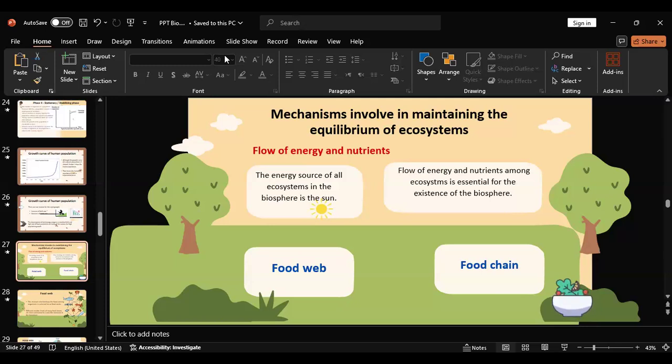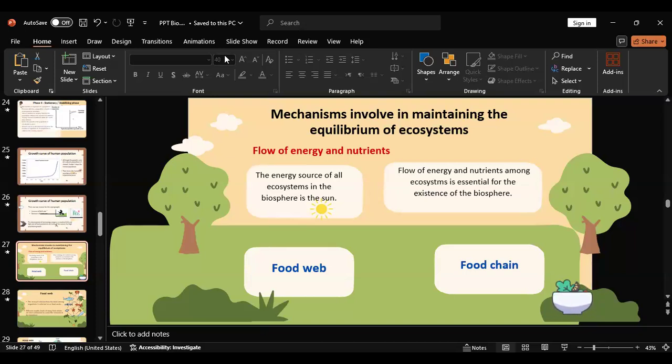Here, the mechanisms involved in maintaining the equilibrium of the ecosystem. Without the sun we can't live, because it is the primary source of energy.